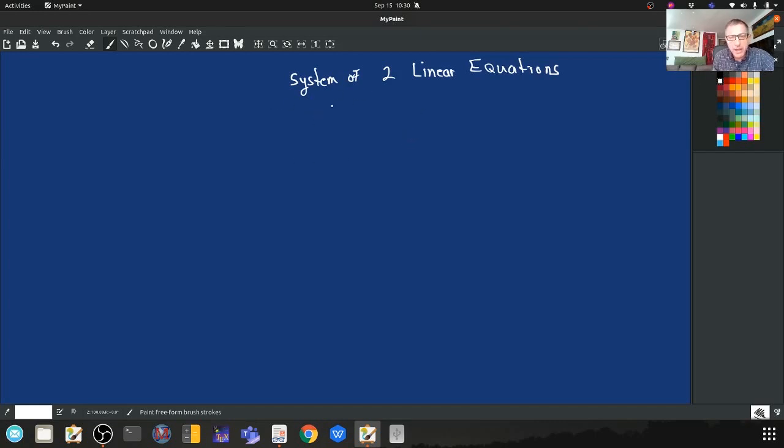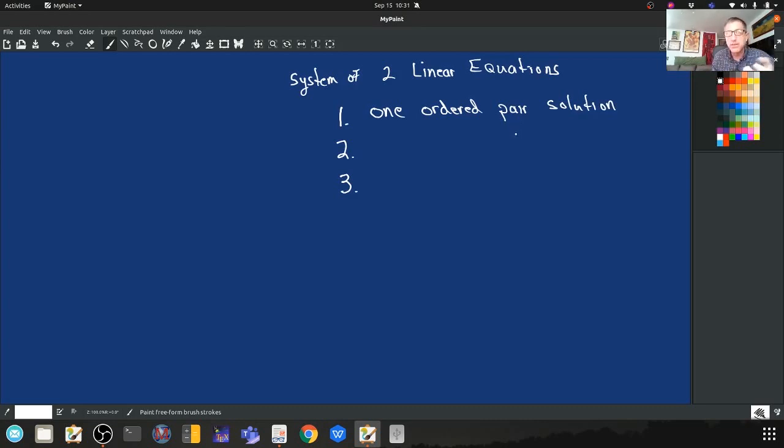So here we have our system of two linear equations. There's three possibilities. It will have exactly one ordered pair solution. So when we talk about a solution, and we're talking in the context of linear equations, the solutions are always ordered pairs. So I'm going to drop that word a lot from now on because it's understood in the context.